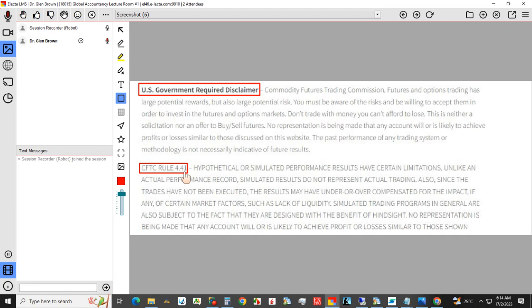And there are some limitations with hypothetical. So I will allow you to take a minute or so to go through the final section of the risk warning before we dive into the major part of the lecture.